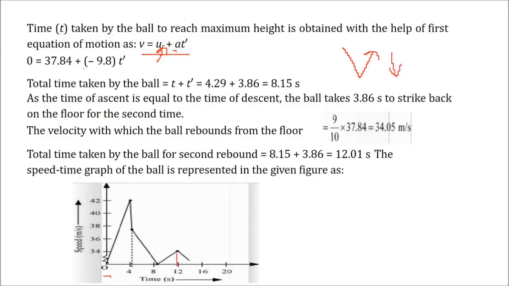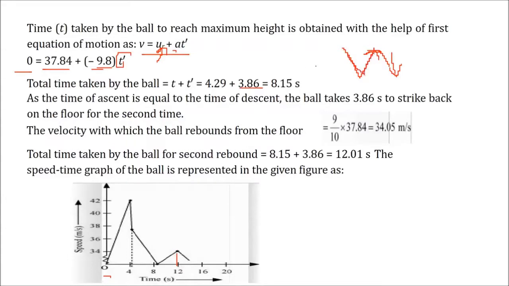The acceleration is like this, gravity, so we'll use minus 9.8, and it is going to be at rest, so the final velocity will be 0. The initial velocity is 9/10 of the velocity we found, and gravity will be minus 9.8. So what will be the time t dash? It will be 3.86.